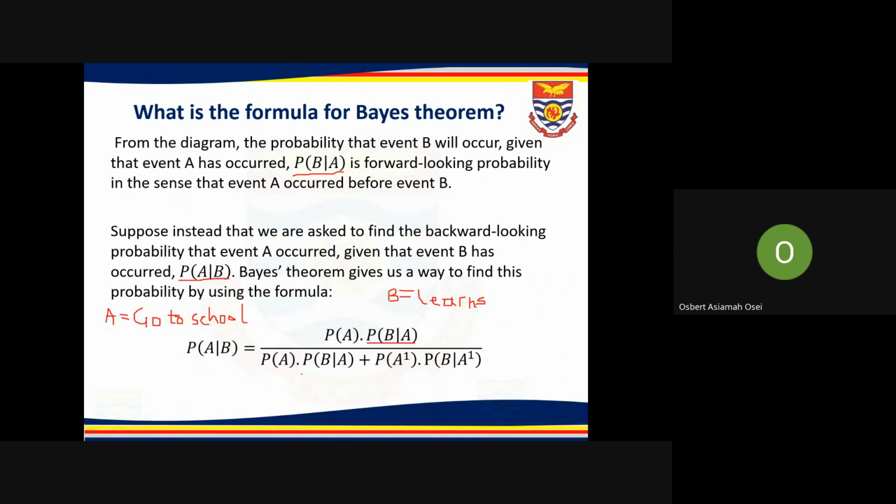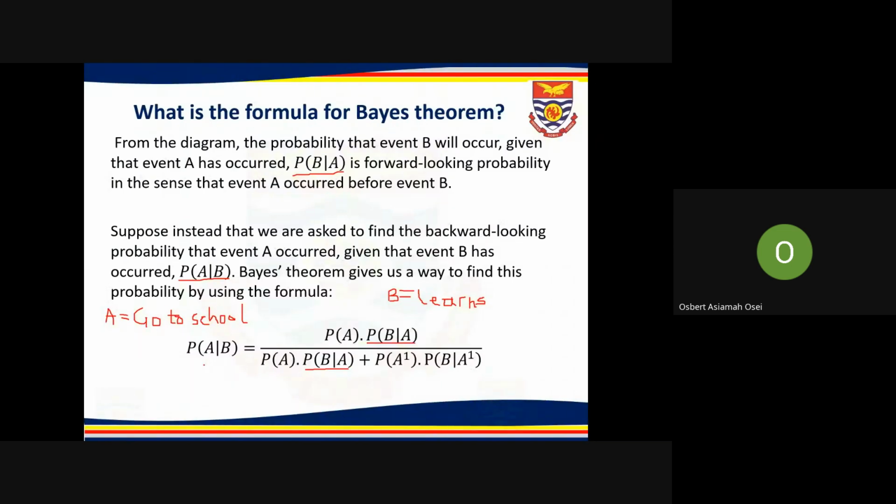Mind you, all these would be given. If they are not given in the question, that means they are embedded in it, so you will maneuver your way to find them. Then we effectively use this formula, the probability of A given that B has already occurred.